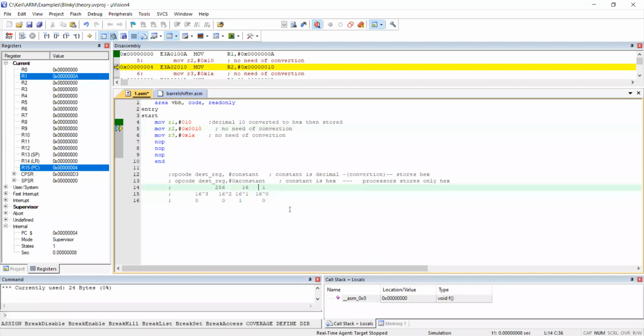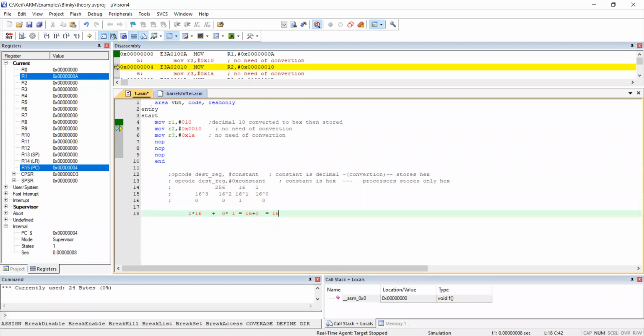Prekshita, that's wrong, because here the value is 1 into 16. Yes, Santosh is correct. 1 times 16 plus 0 times 1. What is its value? It is 16 plus 0, hence it is 16. Is it clear now?